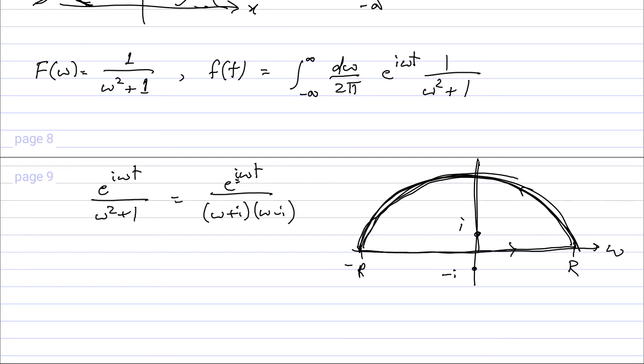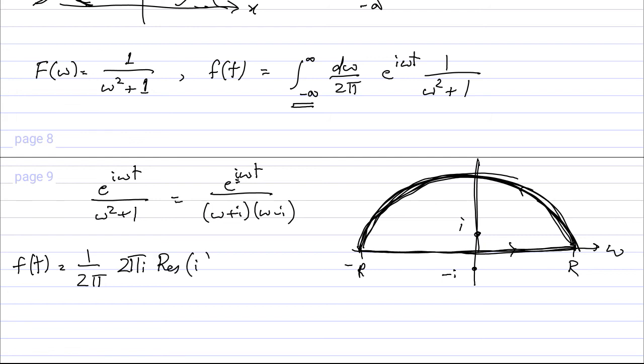So in the limit where R goes to infinity, the contribution along this part of the contour is going to give you 0. You're left with this contribution, which is exactly what you want to find. That's why we're closing in the upper half plane. And then you use the residue theorem. There's only one pole over here, and it's a simple pole, so f of t is simply given by 1 over 2 pi, and then you apply the residue theorem: 2 pi i times the residue at i.